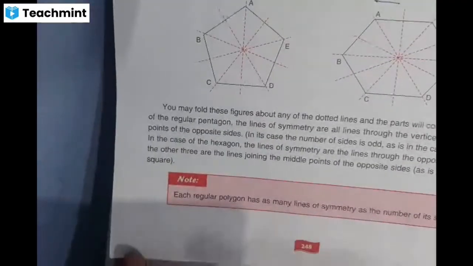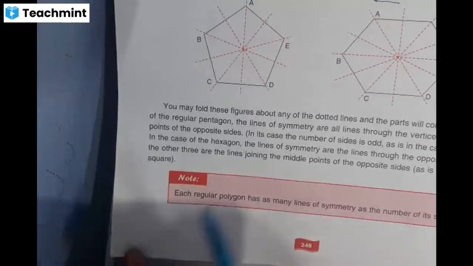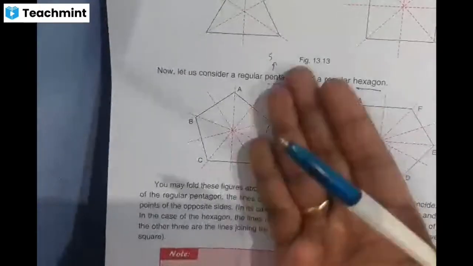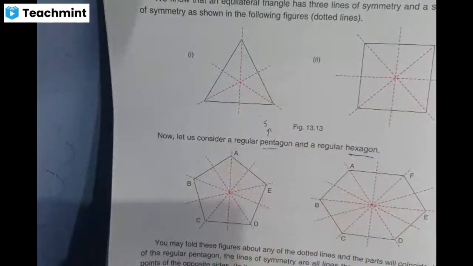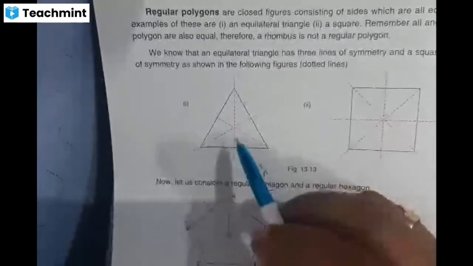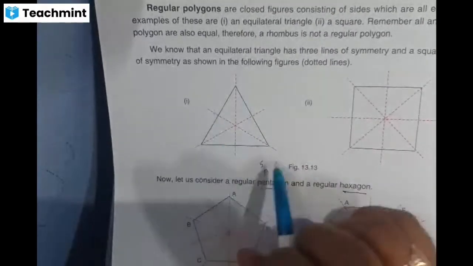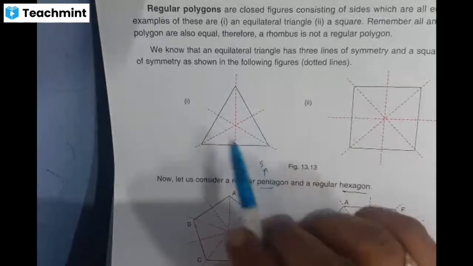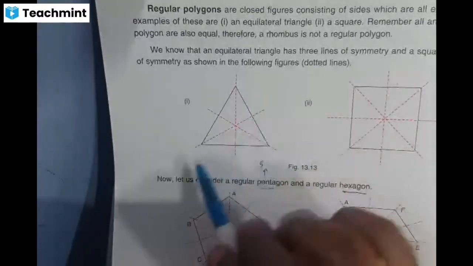Then, we have to know how do you find the lines of symmetry for these regular polygons? If it is a regular polygon, having equal sides, then we obviously get the lines of symmetry.